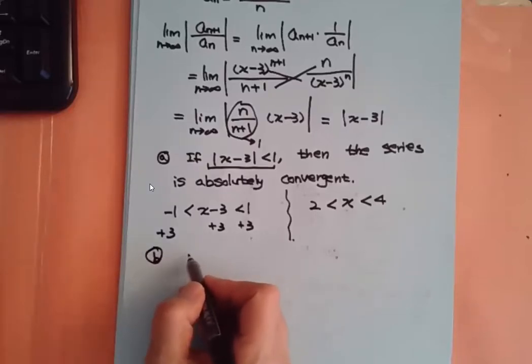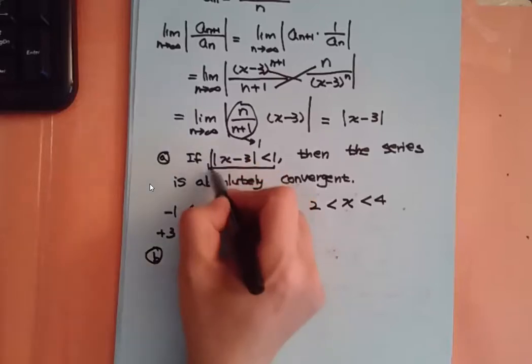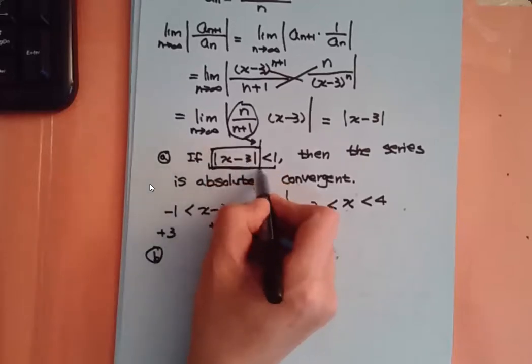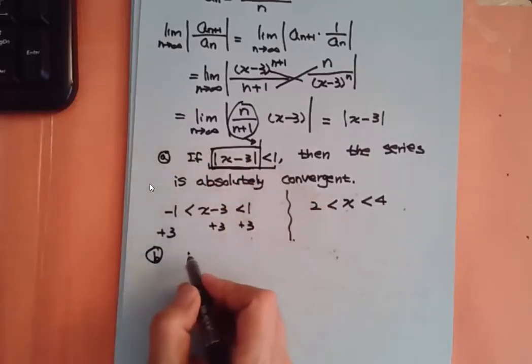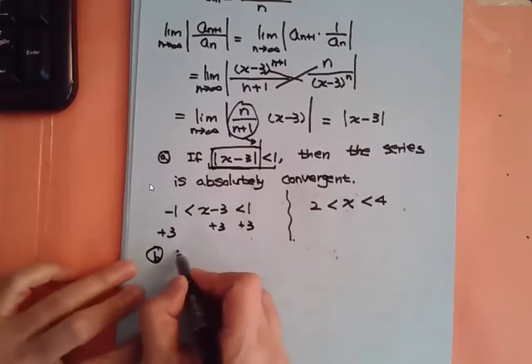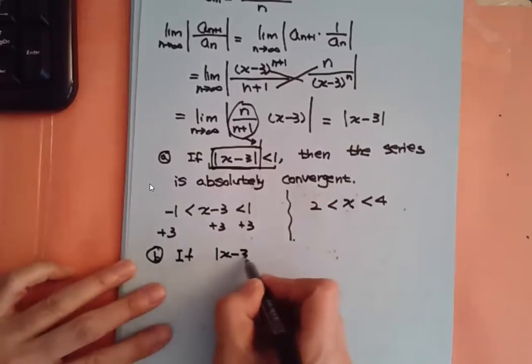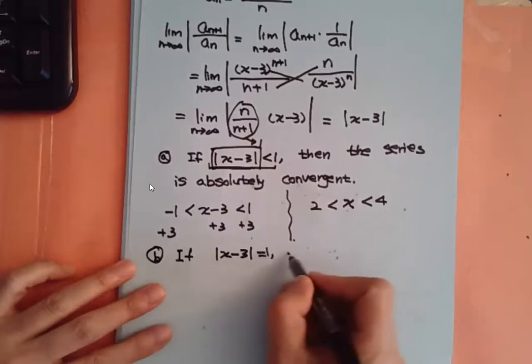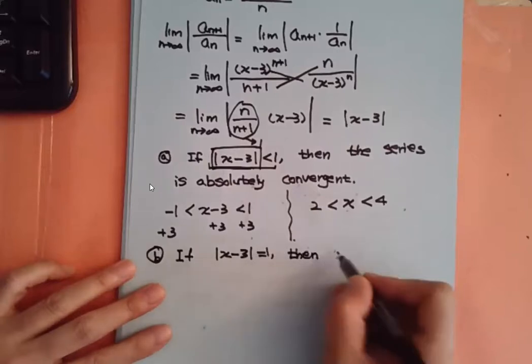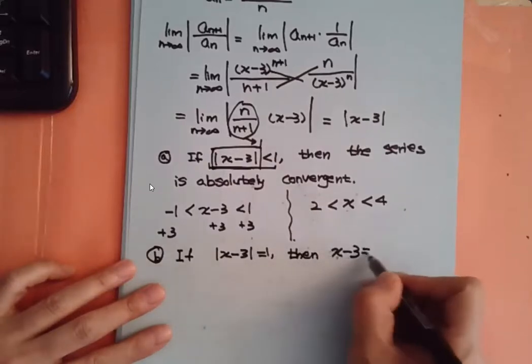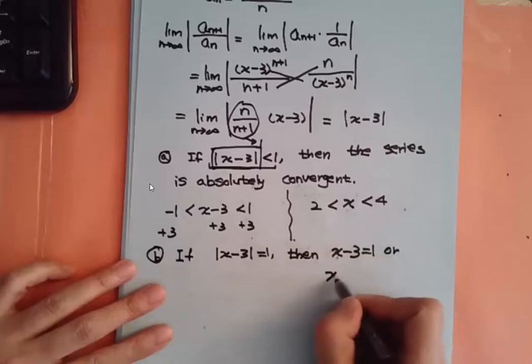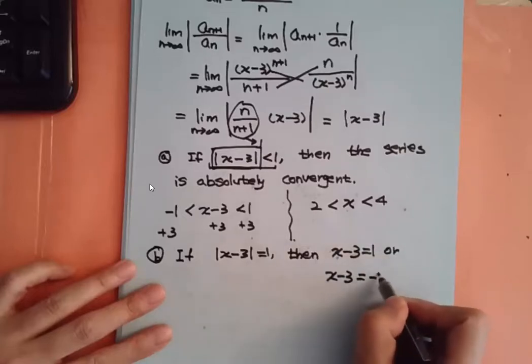The second case is when this absolute value becomes 1, that is the inconclusive case. So we have to check case by case. If the absolute value of x minus 3 equals 1, then we have x minus 3 equals 1, or x minus 3 equals minus 1.